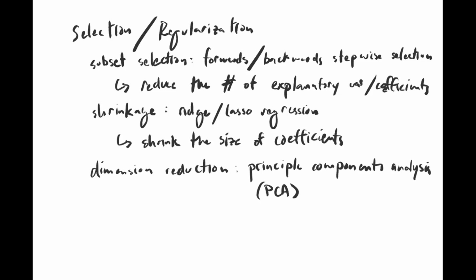It's actually a lot more common for this to be used in the unsupervised learning case, but we're going to show an application of PCA in regression. In this case, what dimension reduction is doing is to transform predictors.